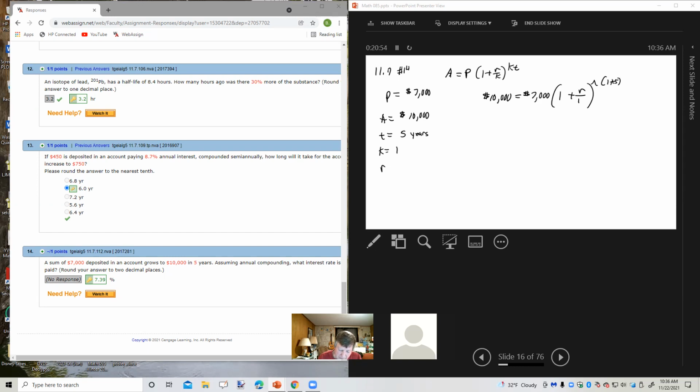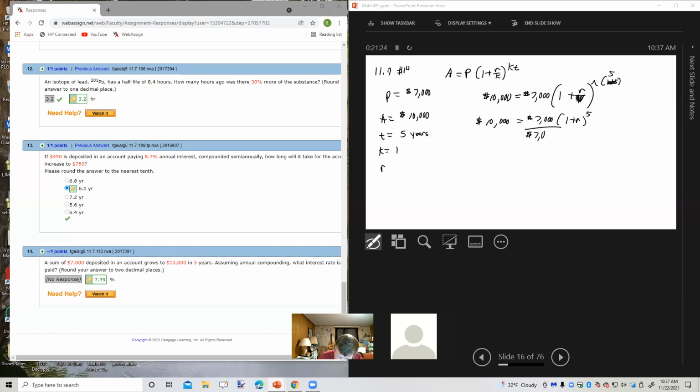All right. We can simplify this considerably. 1 times 5 is just 5, and 1 plus R over 1 would just be 1 plus R. So I've got this, $10,000 equals $7,000 times 1 plus R to the 5th power. Next, I'm going to get rid of the $7,000 from both sides so that I can convert this into a logarithmic equation.